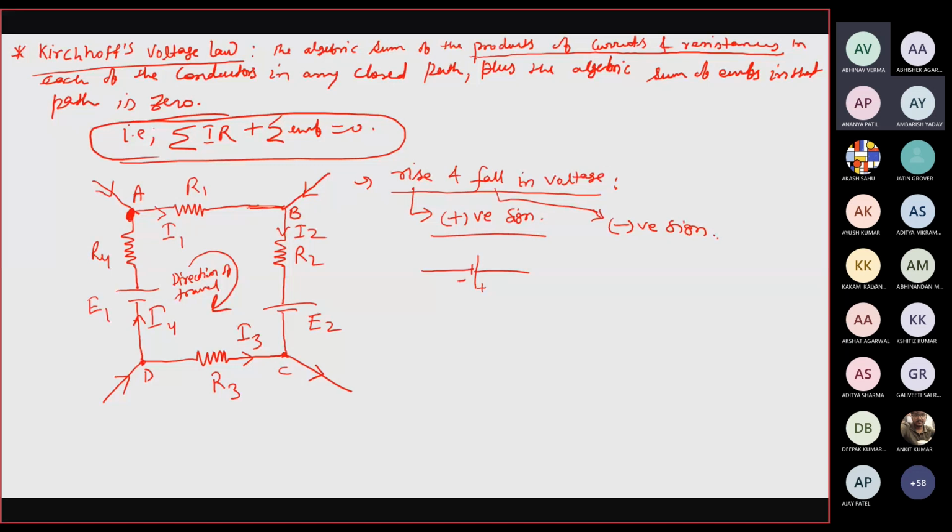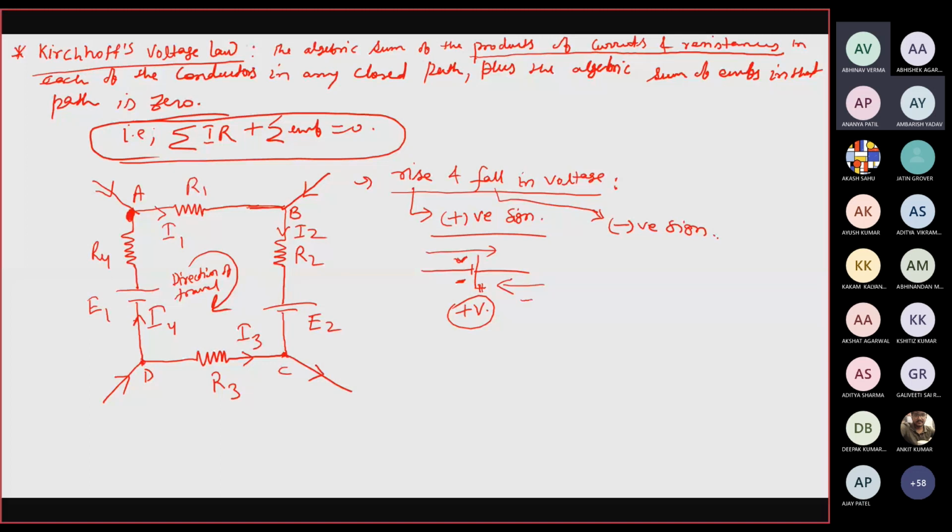If this is the voltage magnitude V, you will have to consider plus V, right? But if you are moving from right towards left, then you go from the higher potential plate towards the negative potential plate. So in this case you will have to consider minus V, right?